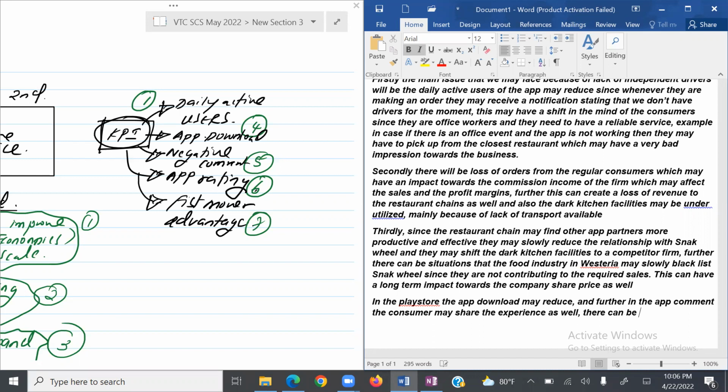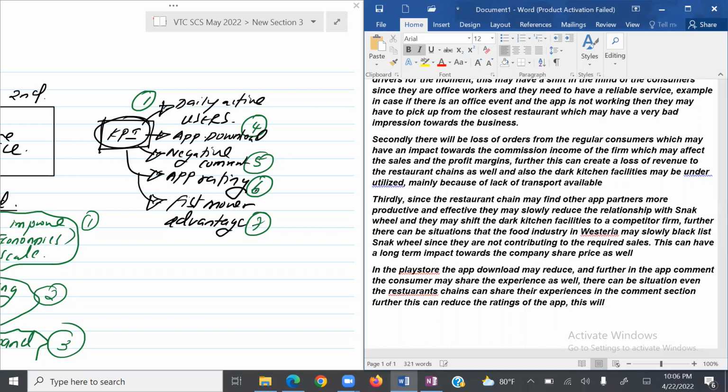There can be situations where even the restaurant chains can share their experiences in the comment section. Further, this can reduce the ratings of the app.